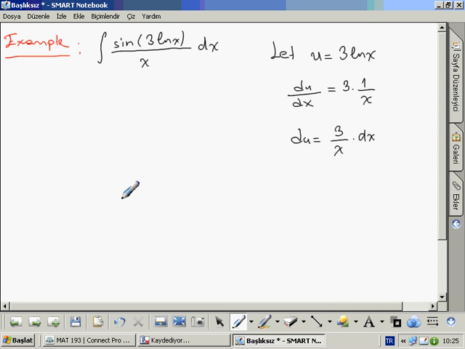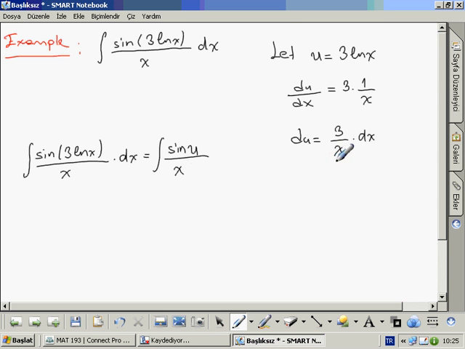The integral of sine of 3 ln x over x dx equals the integral of sine u over x and the dx.